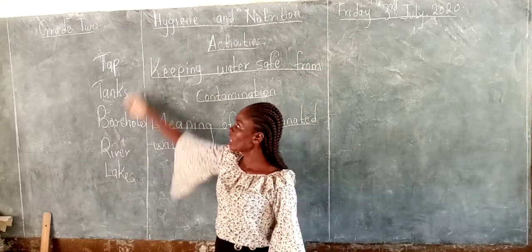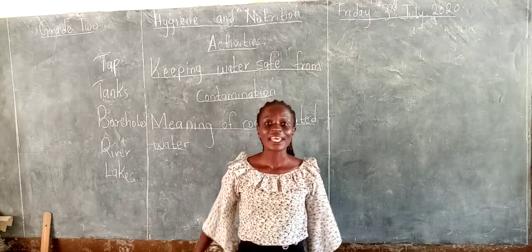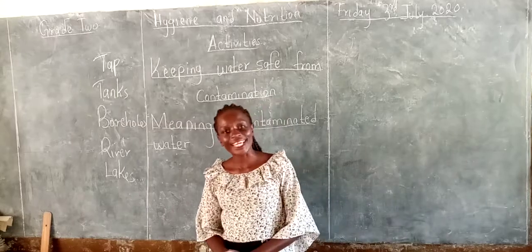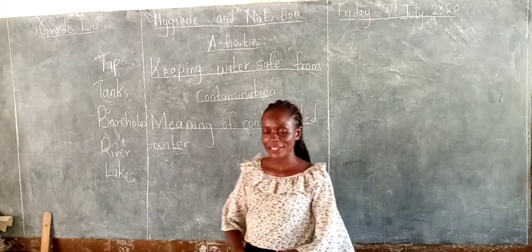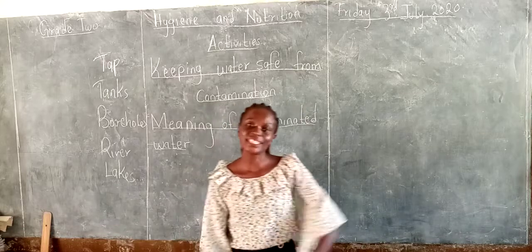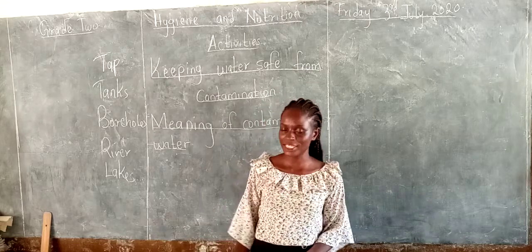So after we've gotten our water from the tap, borehole, or lake, is that water always clean? It depends on how you see it. Some will say it is clean, some will say it is dirty, and I hope you know why you say so.